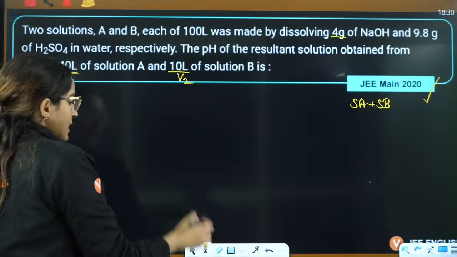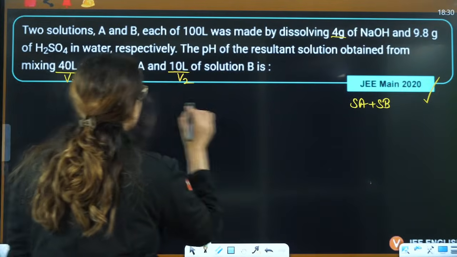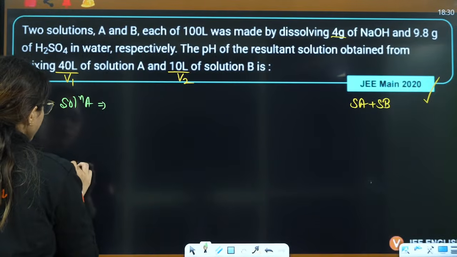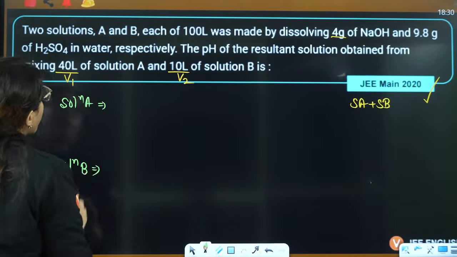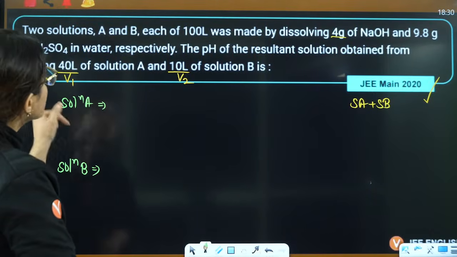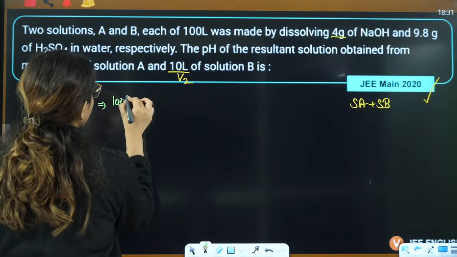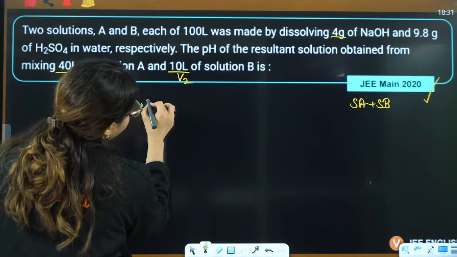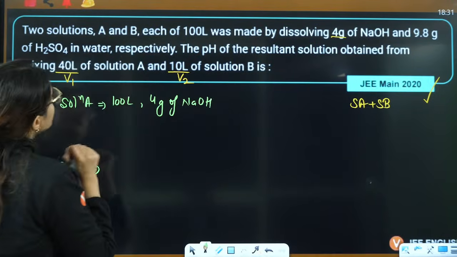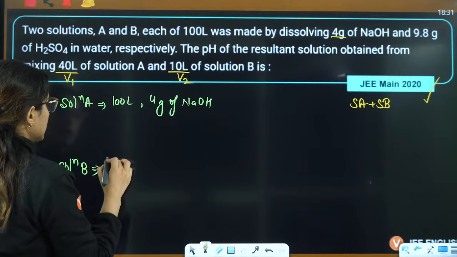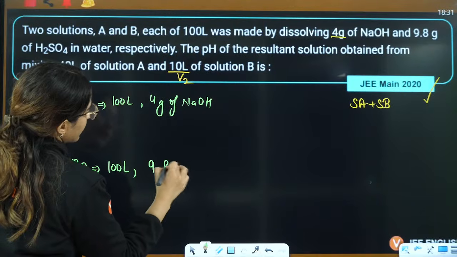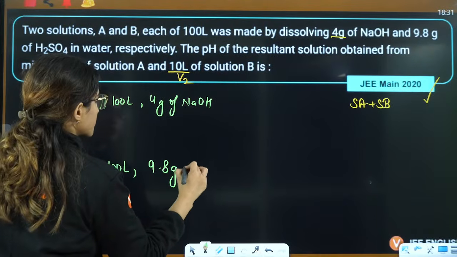They are saying there is a solution A and there is a solution B. Solution A is 100 liter volume with 4 gram of NaOH. Solution B is 100 liter with 9.8 gram of H2SO4.